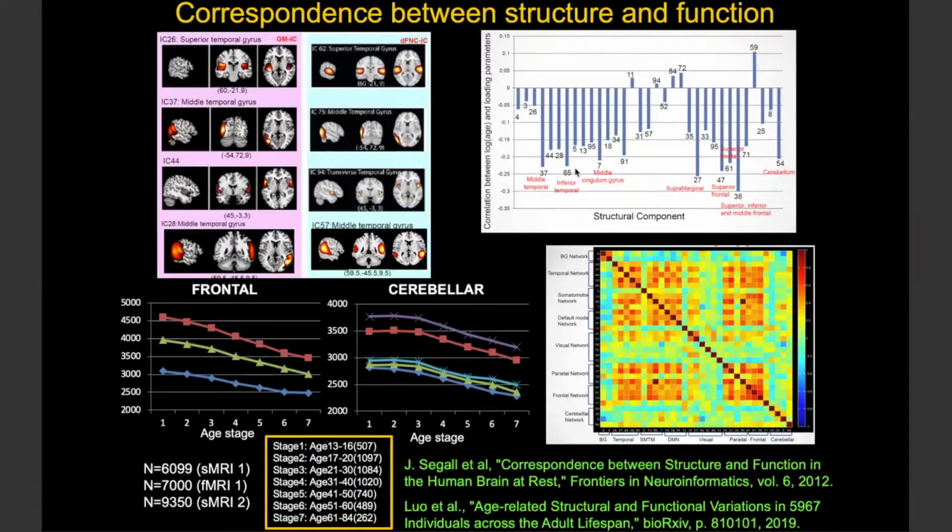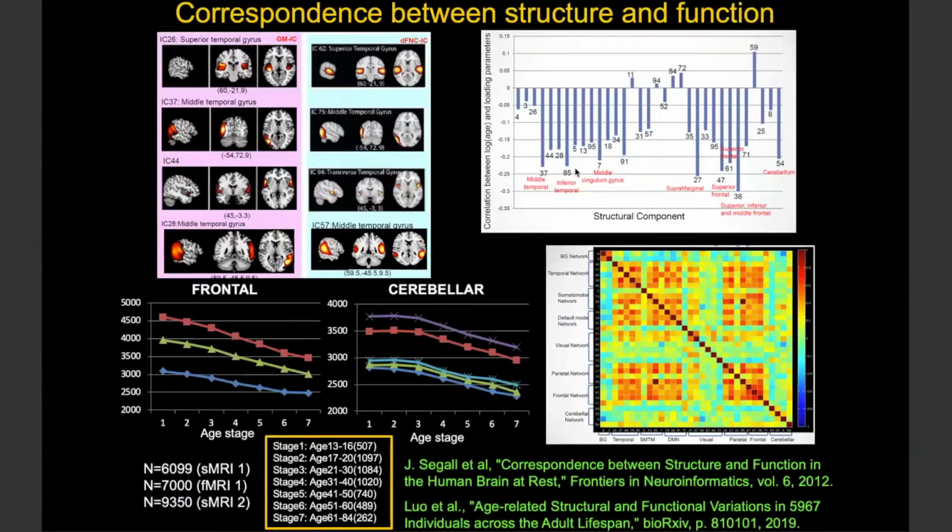If you look at links between structure and function, you see strong decreases with age in higher cortical areas like frontal lobe, and also temporal lobe regions. Whereas sensory regions, unimodal regions like visual cortex don't show such a drop-off. They stay similarly matched between function and structure throughout the lifespan.